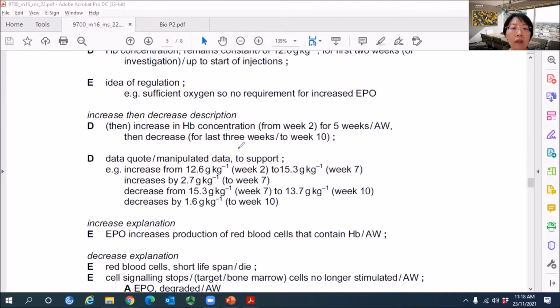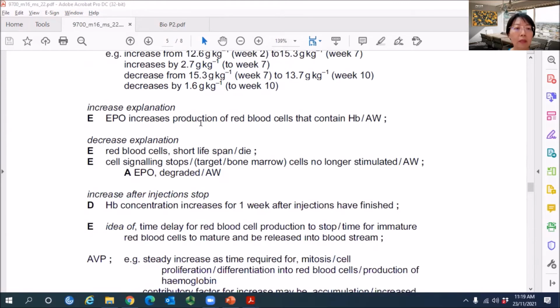Sometimes they put in bracket, sometimes they don't, sometimes they don't even have week. To guarantee you score full marks, you have to put both y-axis and x-axis figures. Sometimes past year they give mark, they want the x-axis value, sometimes they don't. So how do you know? Give everything, okay? So now it's the explanation part.